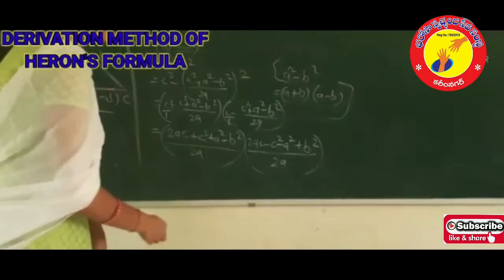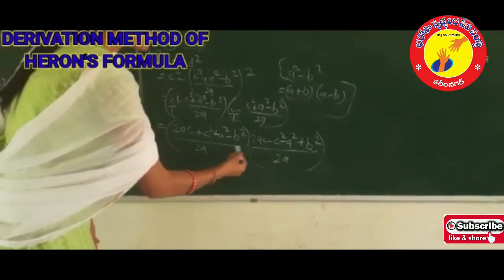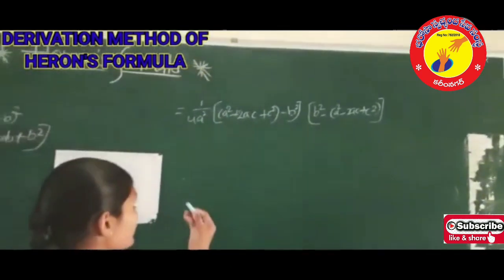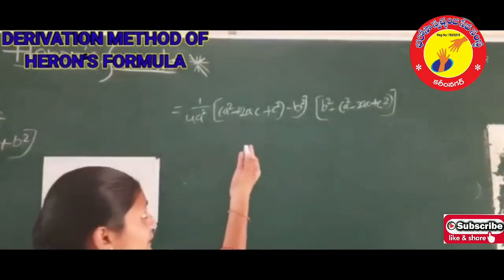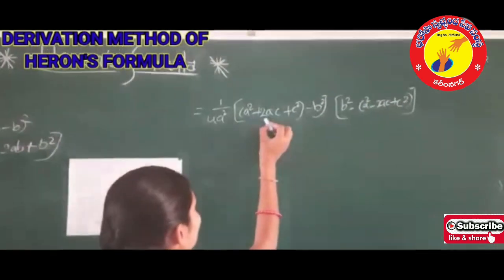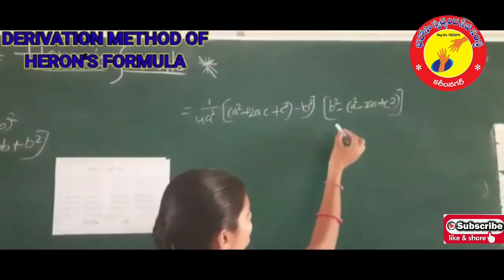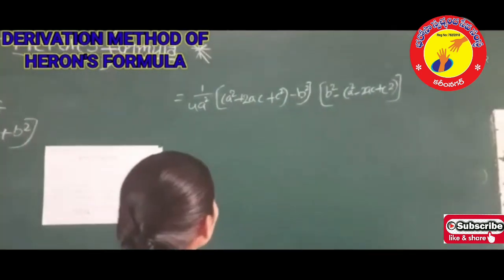Now here we multiply the denominators of the values, 2a into 2a, we get 1 by 4a square and we write these values also. We write it in this way: a square plus 2ac plus c square minus b square and b square minus a square minus 2ac plus c square.